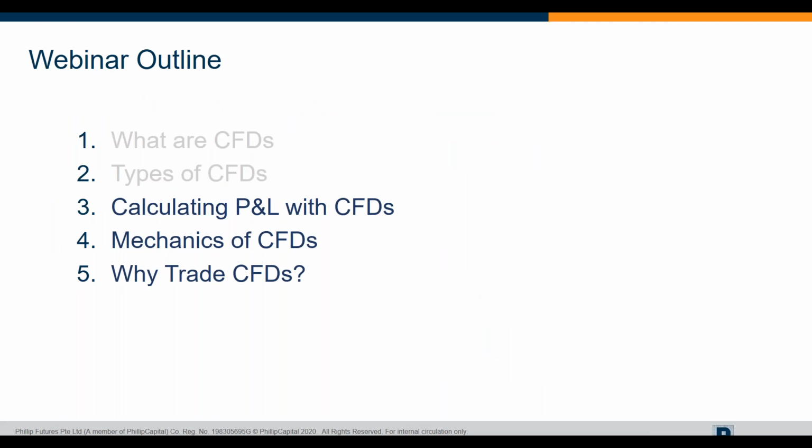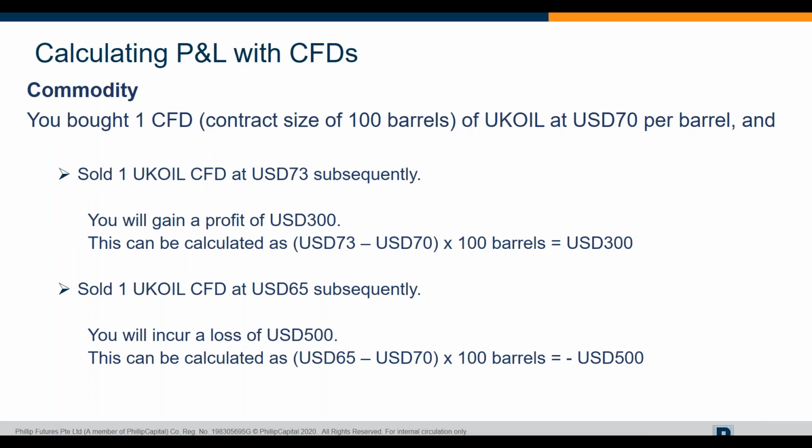And moving on, just to cover a few simple illustrations of the P&L on CFDs. Okay, so here is an example of a trade on a commodity. Just bear in mind, in this illustration and the subsequent two illustrations, it is based on the assumption of a contract size.